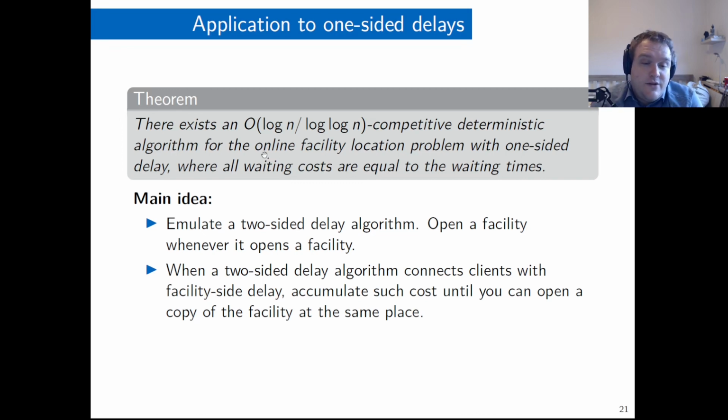Well, you emulate the two-sided delay algorithm that's constant competitive, and you open whenever it opens the facility. But sometimes it doesn't open. It pays this facility delay cost. So you accumulate a budget for this delay cost, and once this budget grows enough, you reopen the facility and you connect the people that were originally just connected with the delay, right? And you scale this appropriately, and you shave off this log n.